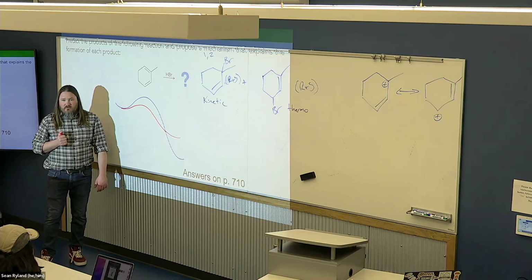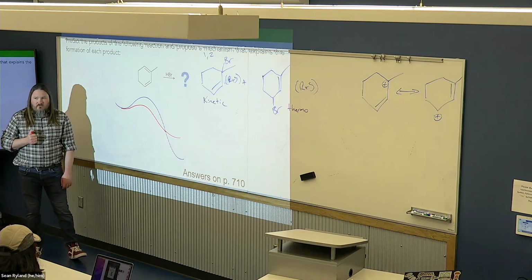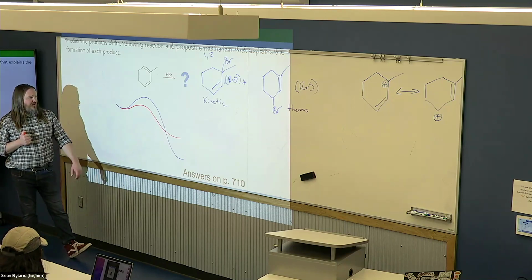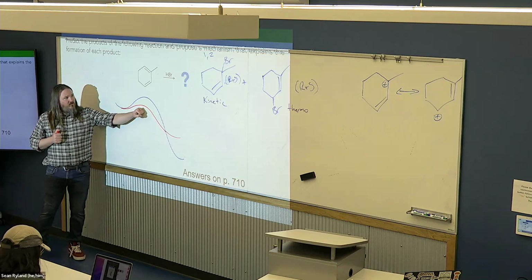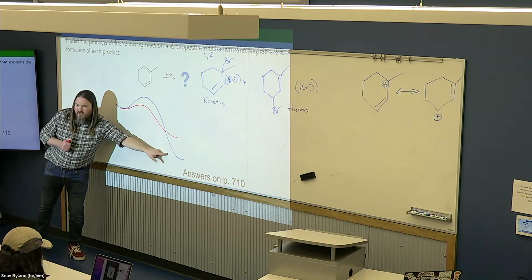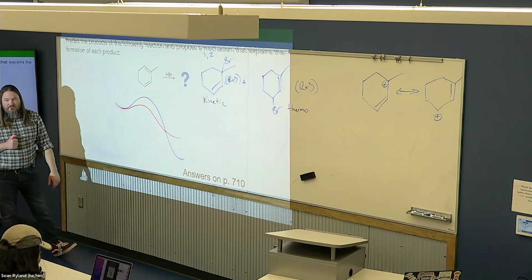Red or purple? Red. Lower transition state barrier gives you your kinetic product. So purple is our thermodynamic product. If everything has enough energy to move back and forth, then you're going to wind up with this one in equilibrium.